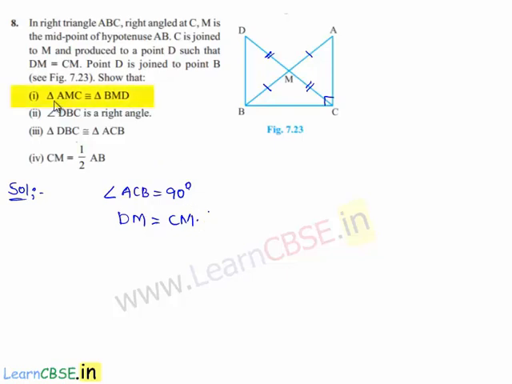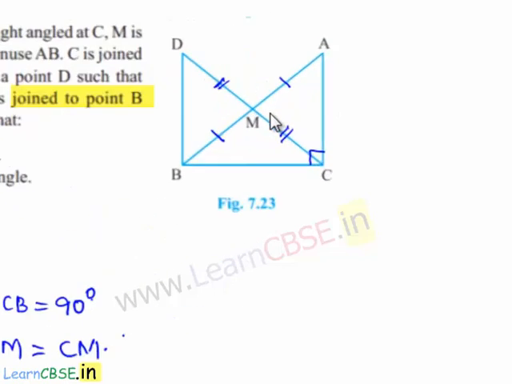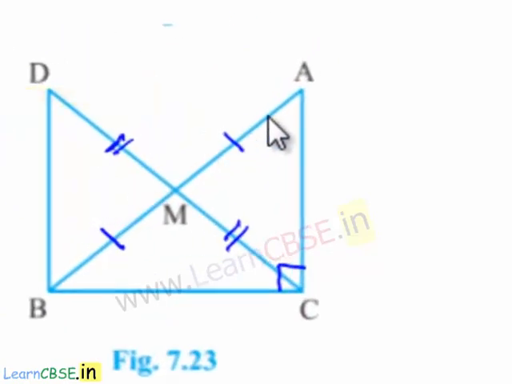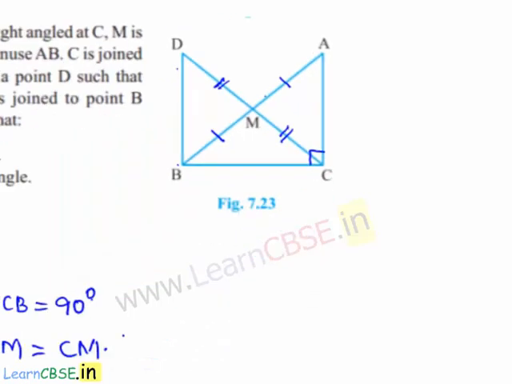In the first question, he asked us to prove the congruency of triangles AMC and BMD. Now, let us note the similarities in triangle AMC and triangle BMD. Considering the figure, let us note down the common similarities between them.